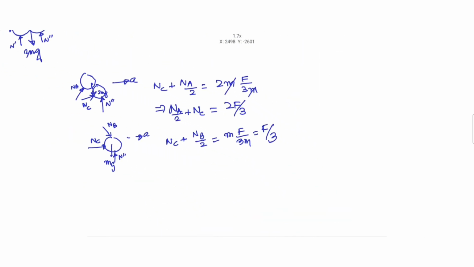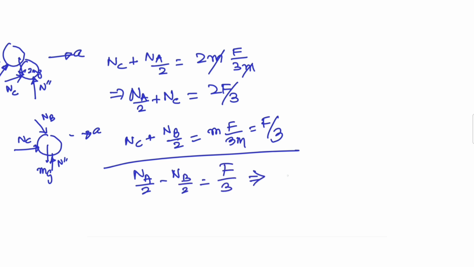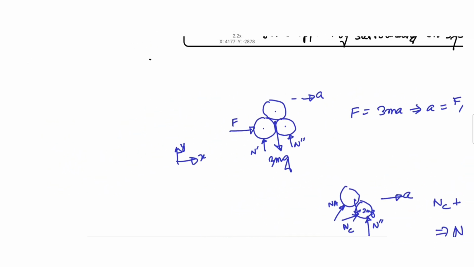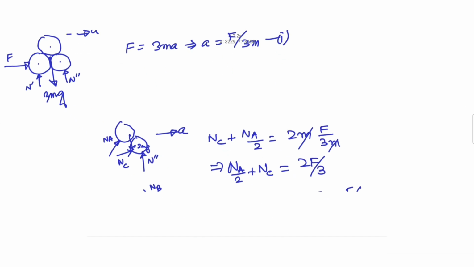Now I think I can get NA plus NB, NA minus NB from these two equations. If I subtract, then what do I get? NA by 2 minus NB by 2 equal to F by 3. That implies NA minus NB equal to 2F divided by 3, and I've also got NA plus NB, which is 2 mg divided by root 3.